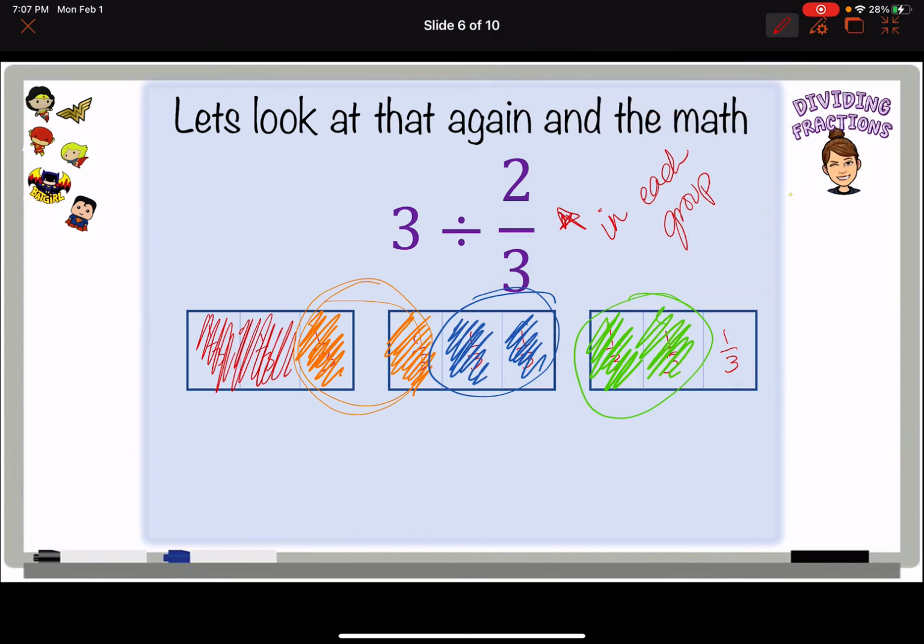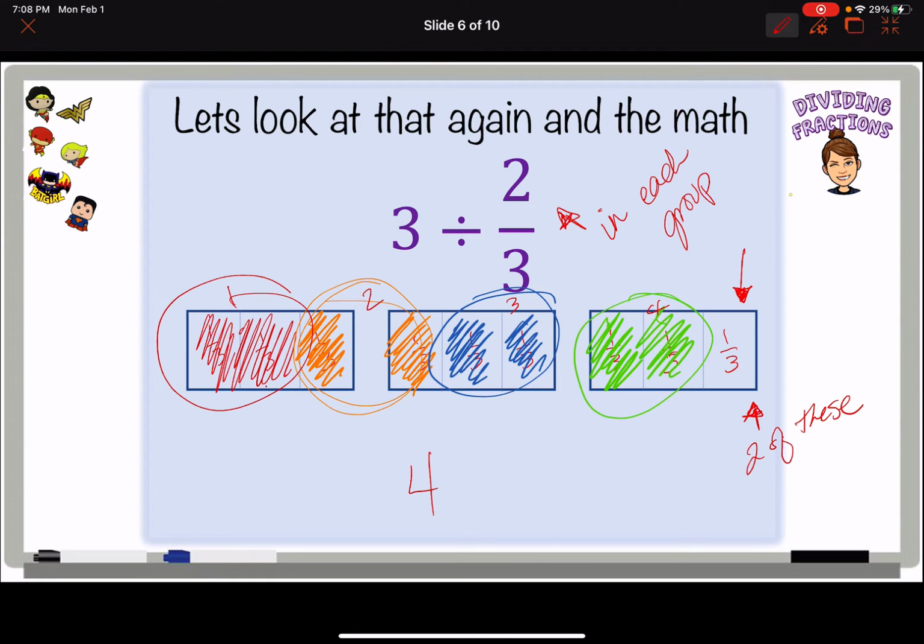All right, so far I have made 1, 2, 3. I've made 4 groups of 2/3, but then I have this guy here left over. Now, it's not that I have 4 and 1/3. I need 2 of these pieces to make a whole group.